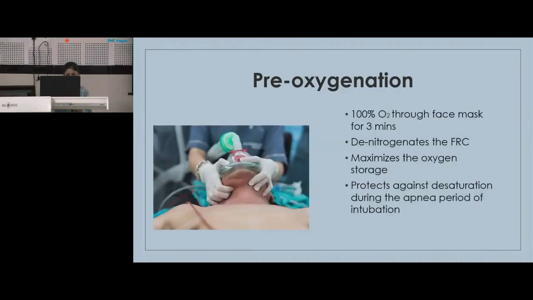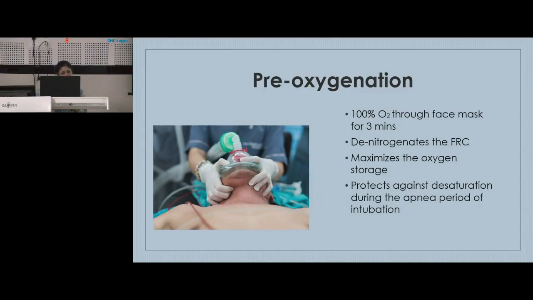So pre-oxygenation is done. Here you can see a face mask giving 100% oxygen. We give it for 3 minutes. If it is a difficult intubation or a pregnant patient, then it can be given for 3 to 5 minutes. Alternatively, you can also give it for 8 vital capacity breaths.